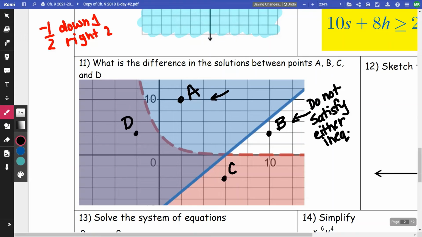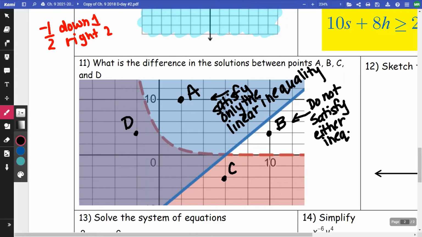In this section here, the points satisfy only the linear inequality, because it's the blue line. They don't satisfy both. Down here, they satisfy only the red one, which is the exponential inequality.